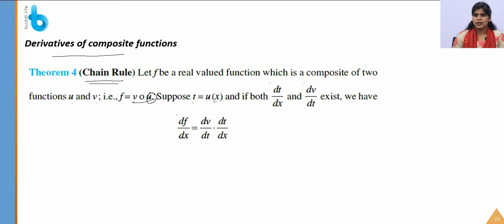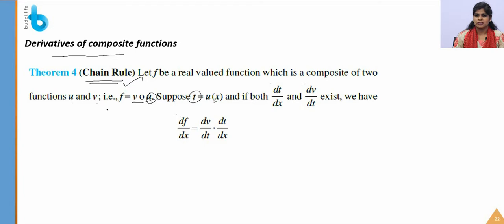So for one of the functions we are changing the parameter. Then it is applicable when t is differentiable, that is, dt by dx and, for the function v, dv by dt both exist. Only when both exist can we use this chain rule.